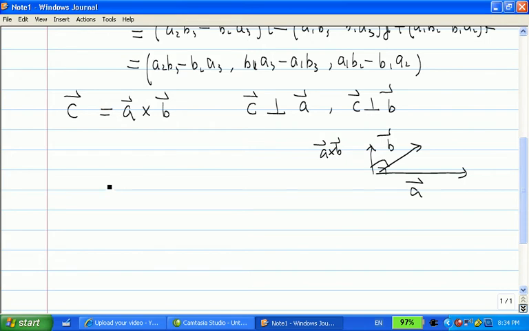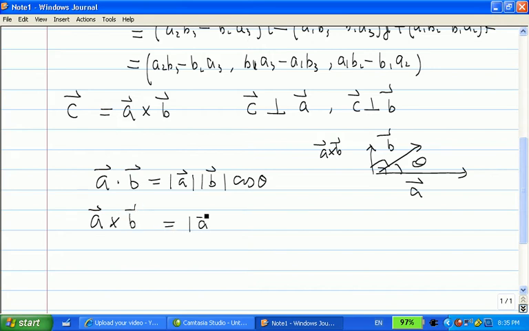Remember, for the dot product, we have a formula like this: A dot B is equal to the magnitude of A times the magnitude of B, then cosine theta. Theta here is the angle between A and B. For the cross product, we have something similar: magnitude of A, magnitude of B, then sine theta.